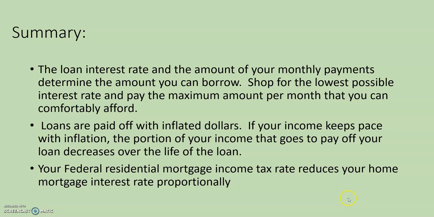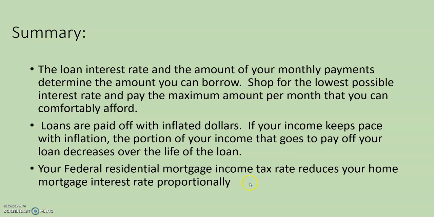In summary, the loan interest rate and amount of your monthly payments determine the amount you can borrow. Shop for the lowest possible interest rate and pay the maximum amount per month that you can comfortably afford. Loans are paid off with inflated dollars.